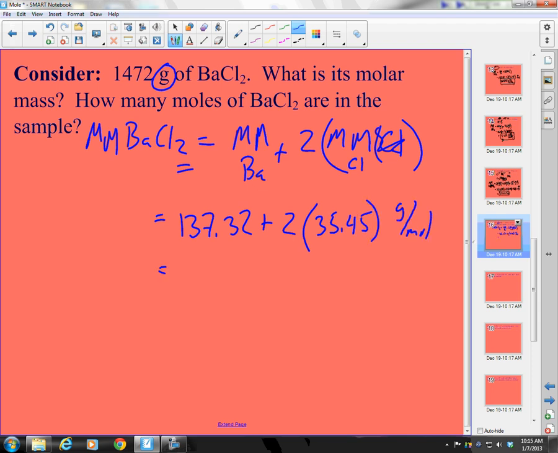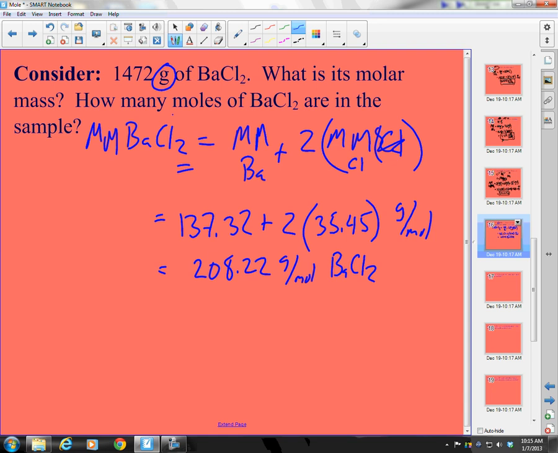So what do I get here? Use my calculator: 35.45 times 2 plus 137.32, and that looks to me like 208.22 grams per mole of my barium chloride. So that's my molar mass of barium chloride.